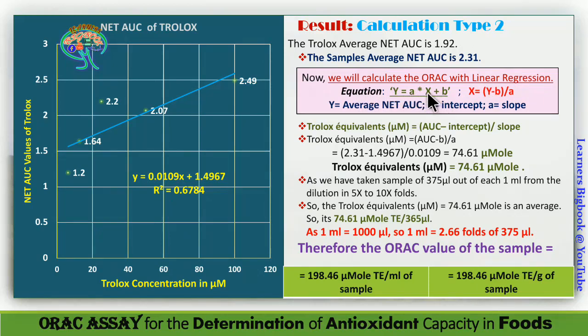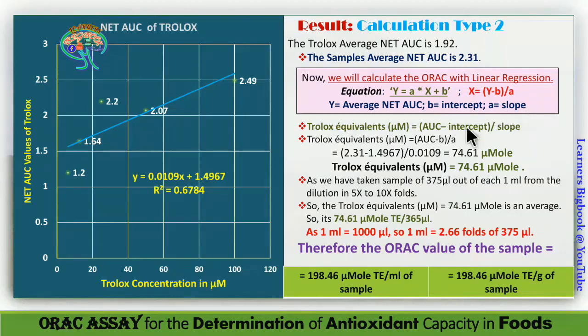Like this it is going to differ, where further it will be derived to x is equal to (y minus b) by a, where x will be the identifying component, that is the sample antioxidant, the Trolox equivalent micromole of the antioxidant present in the sample that has to be identified, and (y minus b) by a, where y will be the average net AUC 2.31, b will be the intercept and a will be the slope.